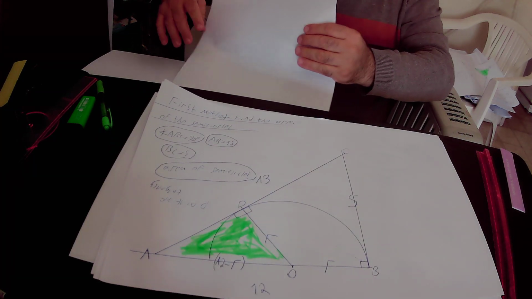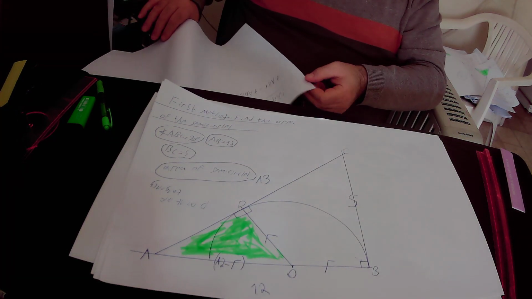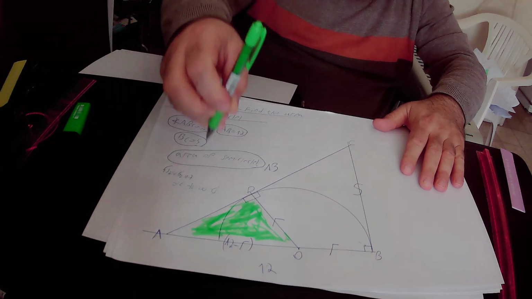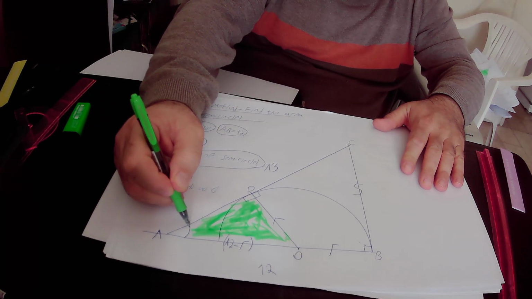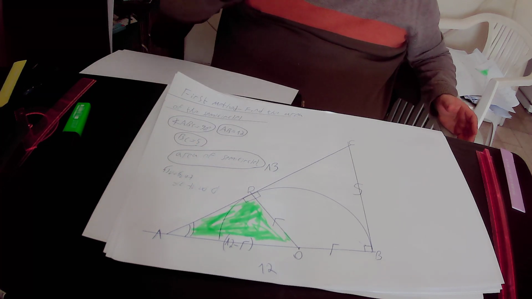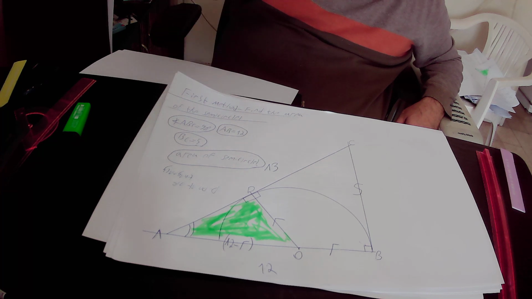And we also have a common angle. This angle is a common angle, it belongs to both triangles, so we can write down that angle A equals itself.